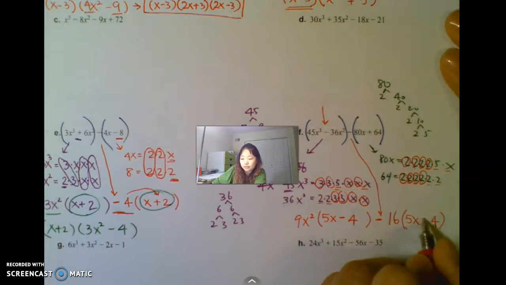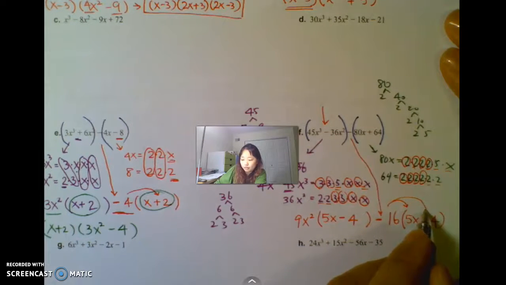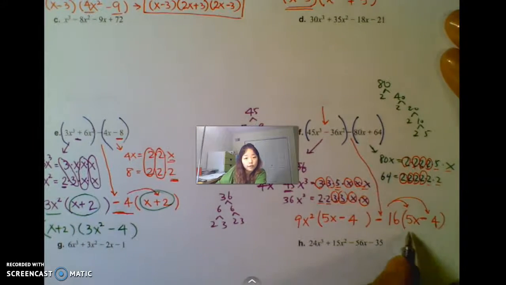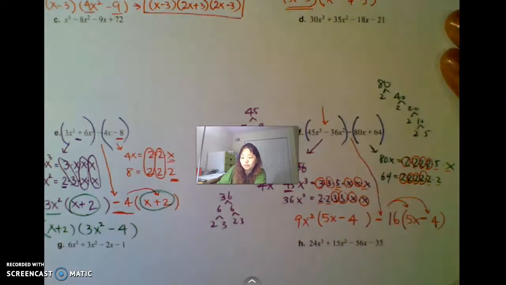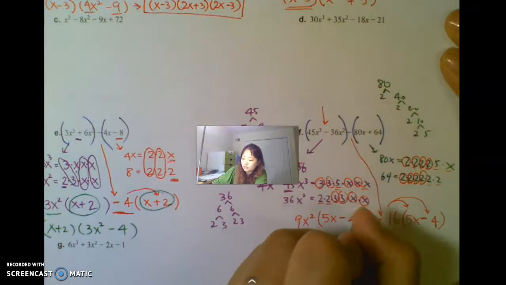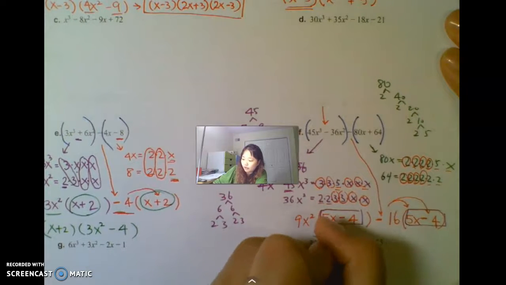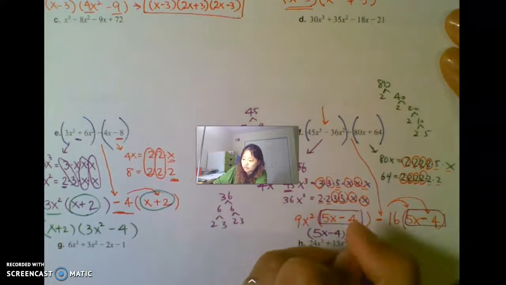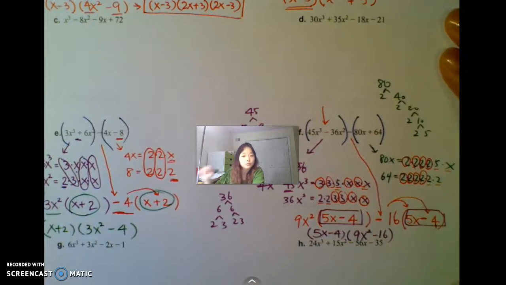Let's put minus and see if it makes sense. Is this minus 80x plus 64 when you go back to the original? Yeah, minus 80x plus 64, so it does work. What do you know? Inside matches. So these two match, and we pull it out. 5x minus 4 pulled out, and inside will be 9x squared minus 16.